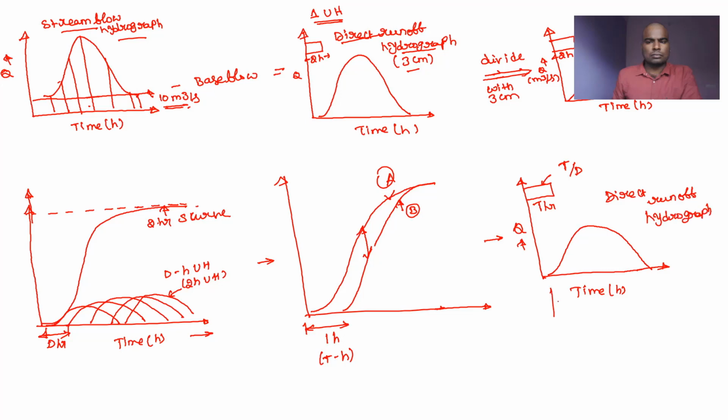From this, we can easily calculate the 1-hour unit hydrograph by dividing with the T by D. So this is the overall graphical procedure.